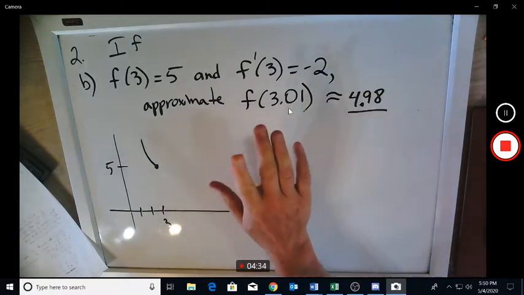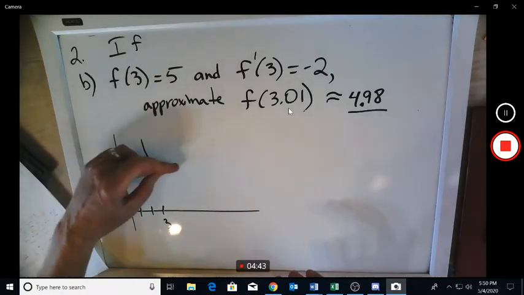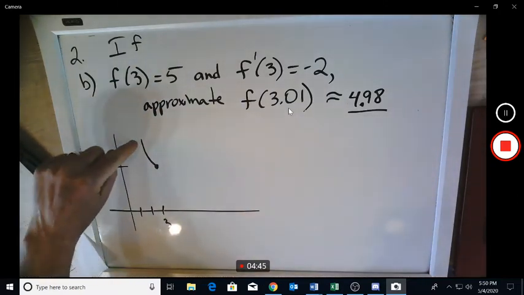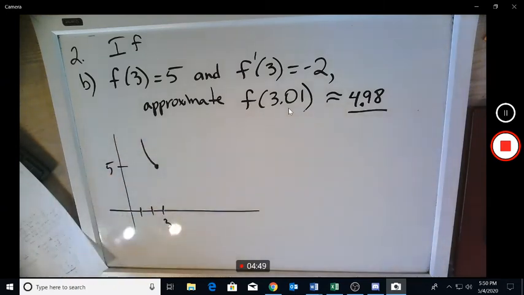But for short distances into the future, you're much better off looking at what's been happening recently than just projecting that it's going to stay 5. If it had been declining right up until this point, it's probably got some momentum built up. And we're going to look into another one of the primary uses of calculus today.